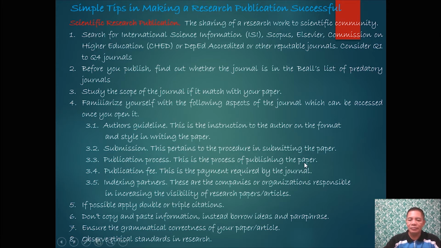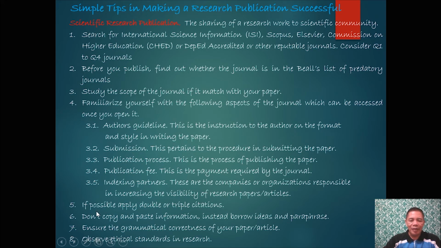However, there are some journals that have no publication fee. And the last is indexing partners. These are the companies or organizations responsible for increasing the visibility of your papers or articles. So they are the ones responsible for that.